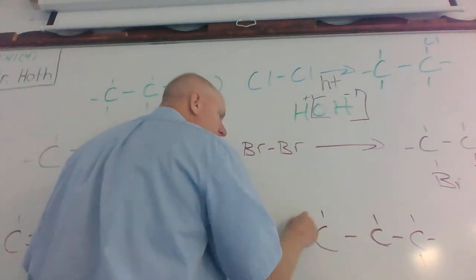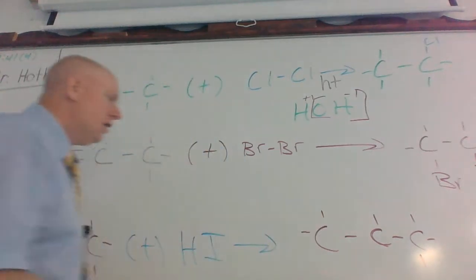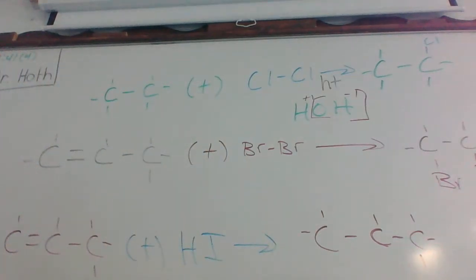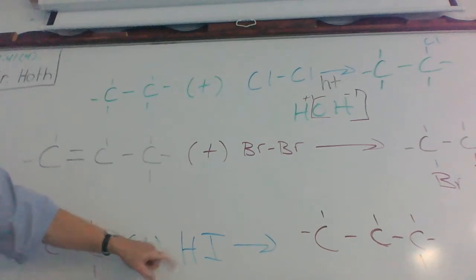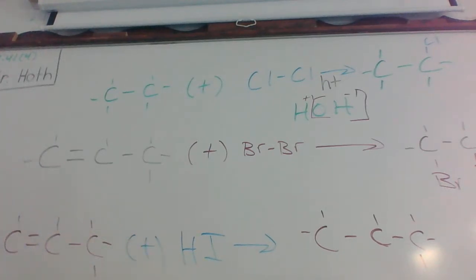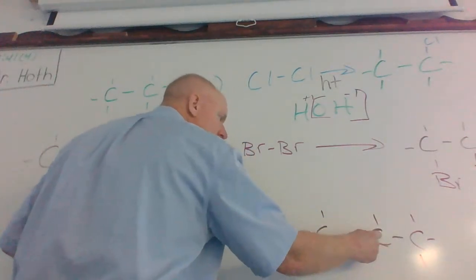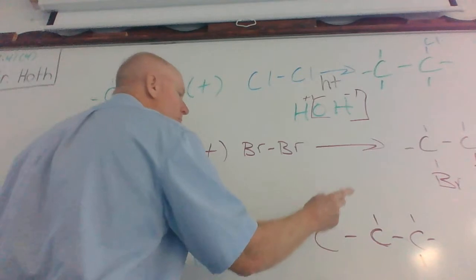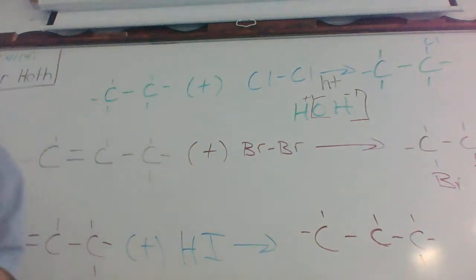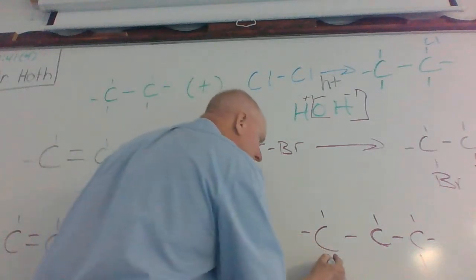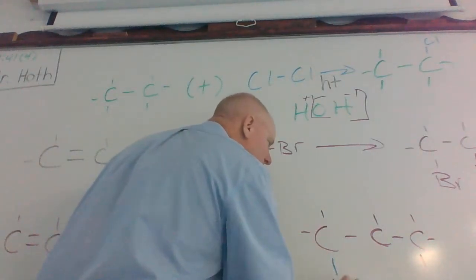But this carbon has 2 hydrogens on there. So what that rule is saying is that this hydrogen is going to look for the carbon that has the most bonds that it can possibly make. It can't on here. It can bond here, and it can bond here. But the majority of what we're going to produce is going to be this compound according to that rule.